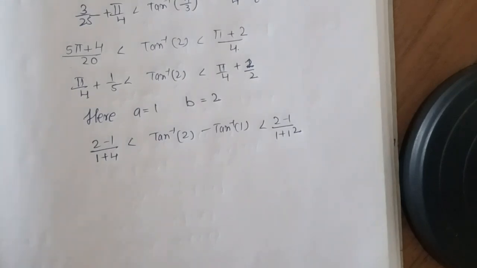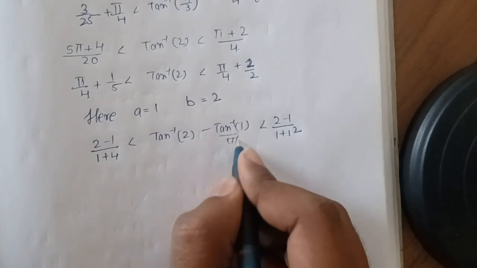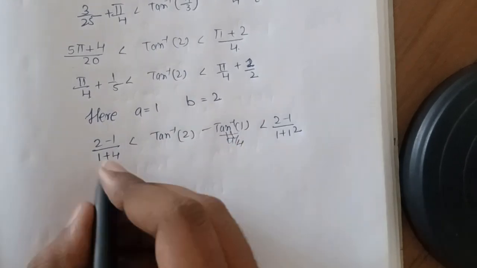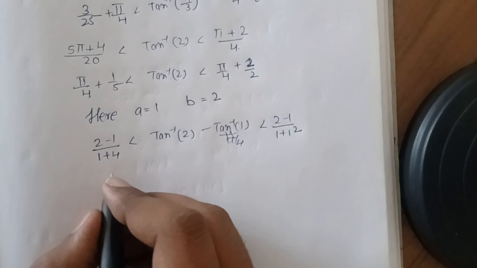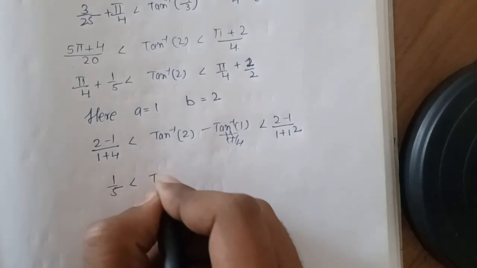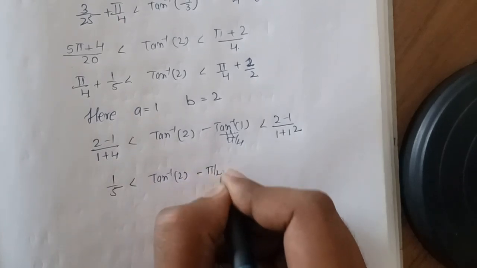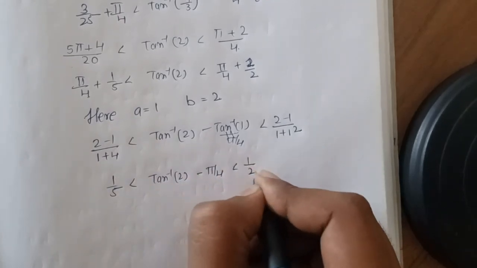Here this becomes pi by 4, and we get 1 by 5 is less than tan inverse 2 minus pi by 4, less than 1 by 2.